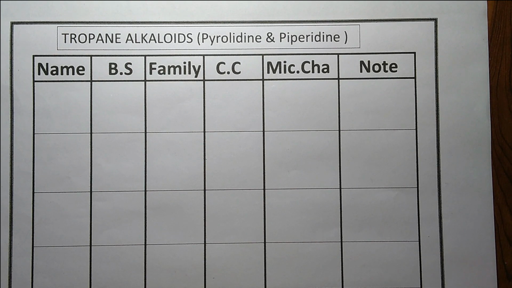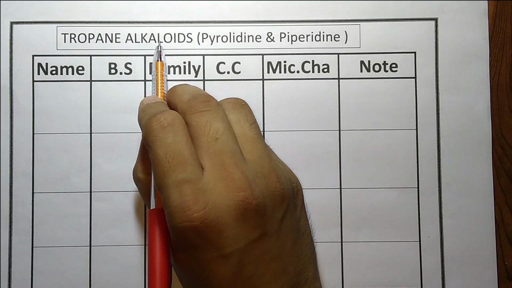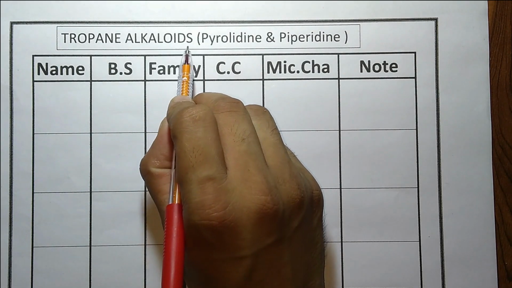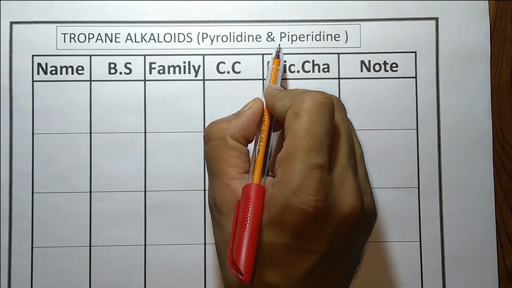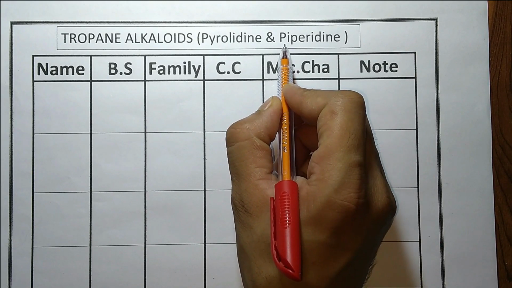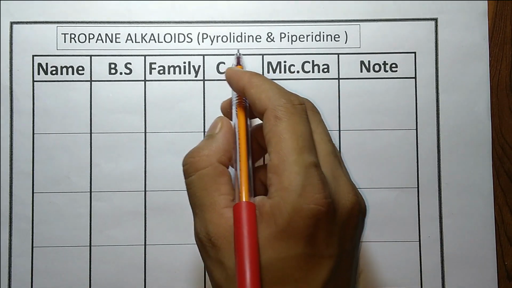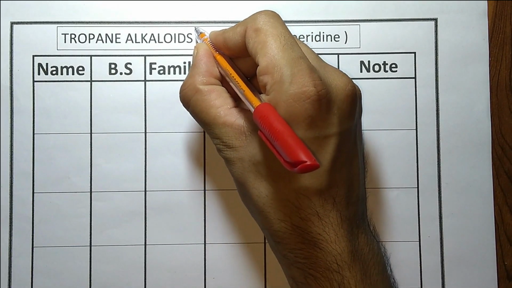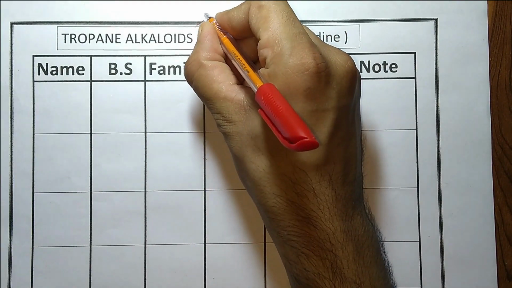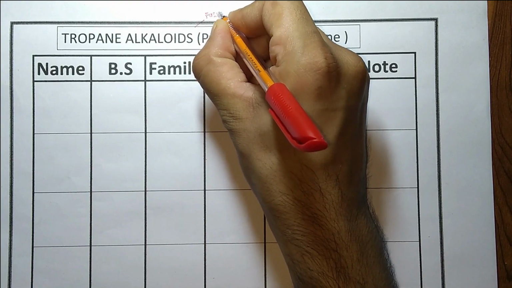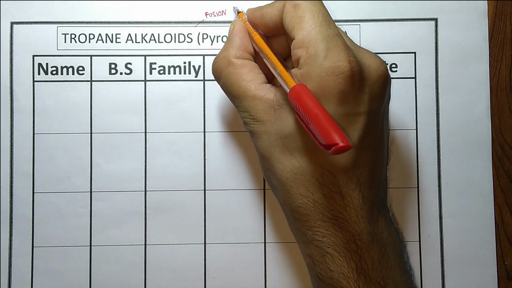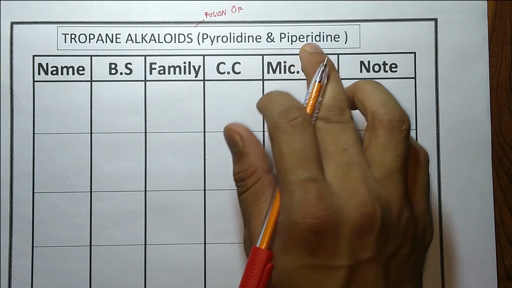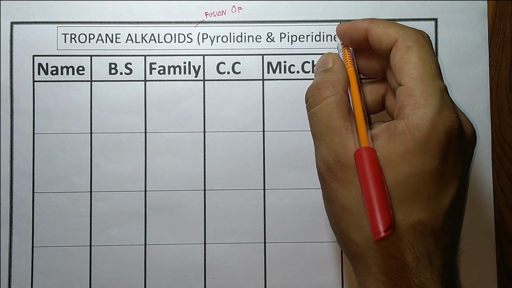So today in this video we are going to discuss the tropane alkaloids. As we can see, tropane alkaloids are pyrrolidine and piperidine derivatives. So what does it mean? Tropane alkaloids are made with the fusion of pyrrolidine and piperidine rings with a common methylated nitrogen.